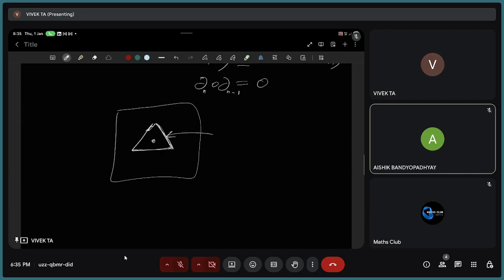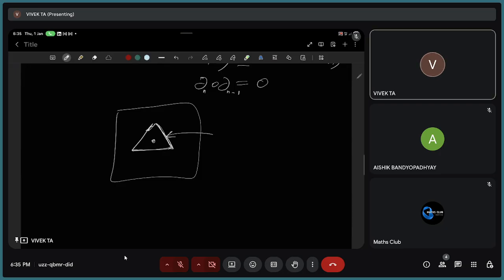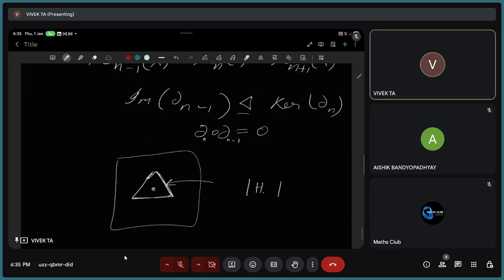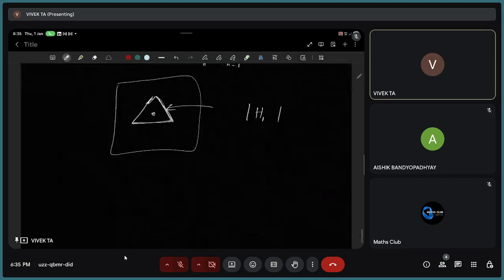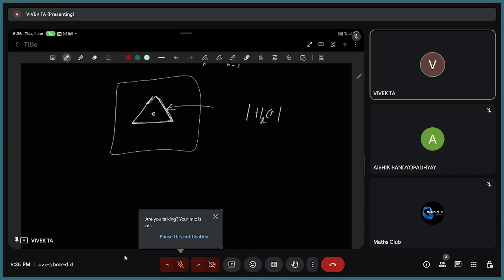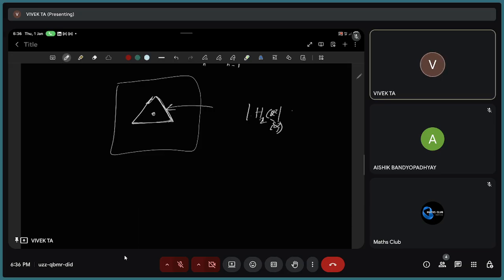Yeah. So if you had this one triangle that was making a problem, that would imply there exists at least two elements. So the cardinality of H2 of R2 minus (0,0) will at least be greater than or equal to 2.